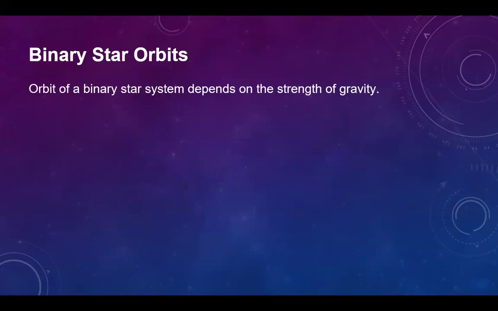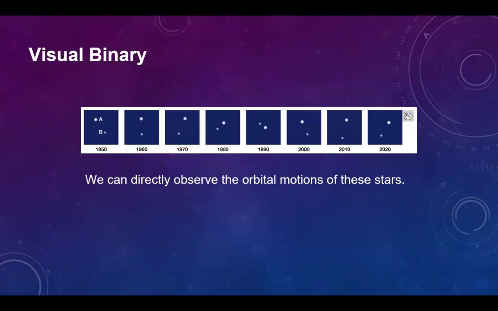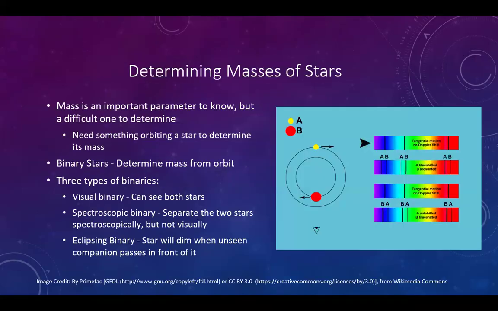The orbit of a binary star system depends only on the strength of the gravity between the stars. For the 3 types: for a visual binary, we can directly observe the orbits because we can see both stars. For a spectroscopic binary, we can observe the velocities from the red shift to blue shift.